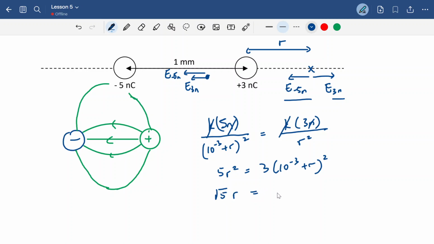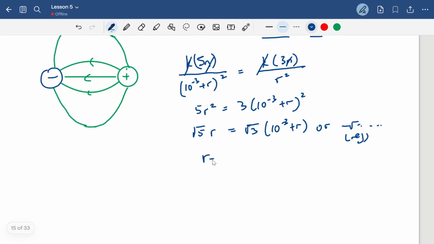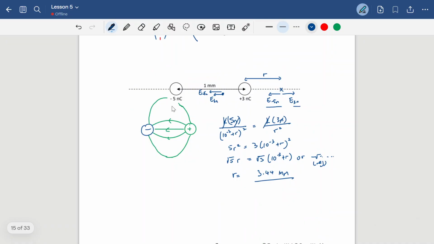Square root both sides. Or the negative version, we should reject. So you can get your r. I think it's 3.44, if I remember. Root 3 over root 5 minus root 3. Yep, 3.44 mm. So that is the neutral point when they are minus and plus.